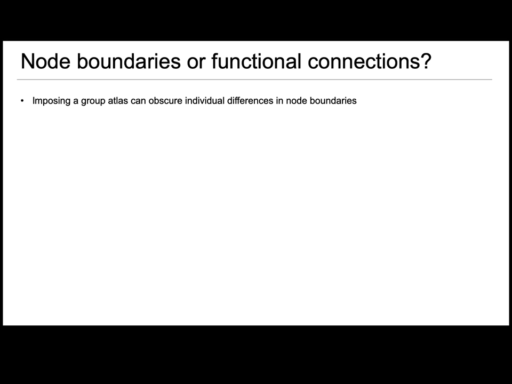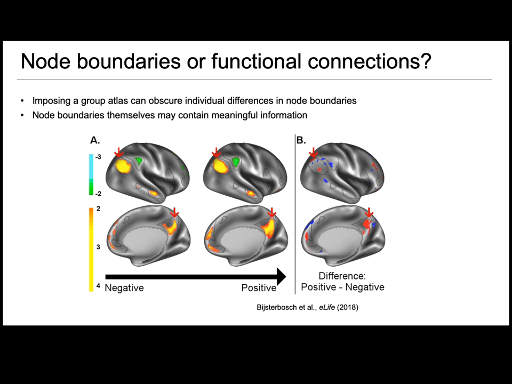So we saw with both the MyConnectome dataset and the Midnight Scan Club dataset that when you have enough data on someone, you can actually calculate an individual parcellation, and its boundaries are going to look different from the group average. And people have now taken this a step further and said that the node boundaries themselves, so the exact placement of where and how large people's functional regions are, can actually contain meaningful information.